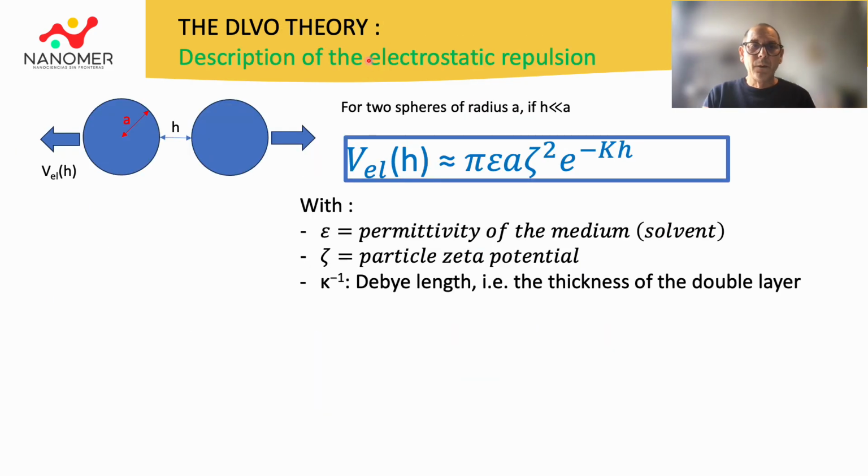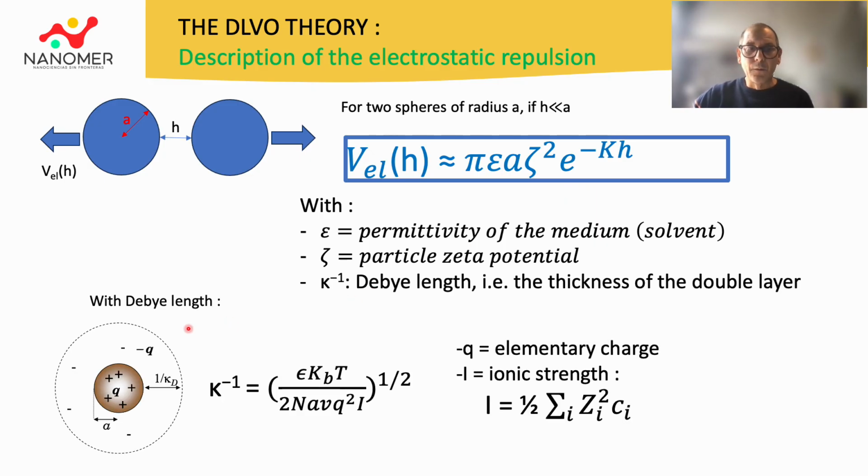Let us begin with the electrostatic repulsion. For a sphere, the electrostatic repulsion as a function of the distance is given by this equation, where the repulsive potential depends on the particle size, the zeta potential of the particles, the permittivity of the medium, and varies exponentially with distance and a term k related to the Debye length.